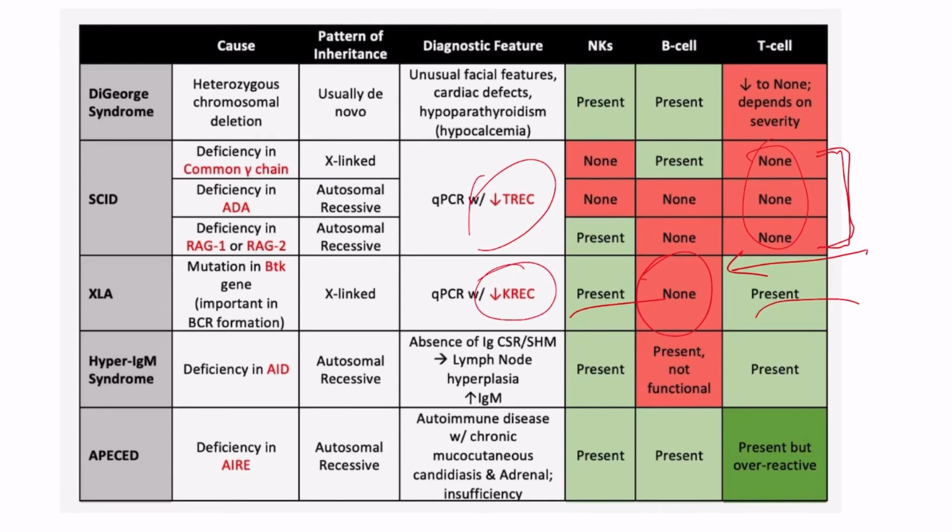So the next thing is hyper-IgM syndrome, and that arises in a deficiency of AID. AID is a protein that adds point mutations in somatic hypermutation. And if you don't know what somatic hypermutation is or class switching recombination, I would recommend you go watch that video. So if you cannot undergo somatic hypermutation and class switching, you will not be able to class switch from IgM, right?